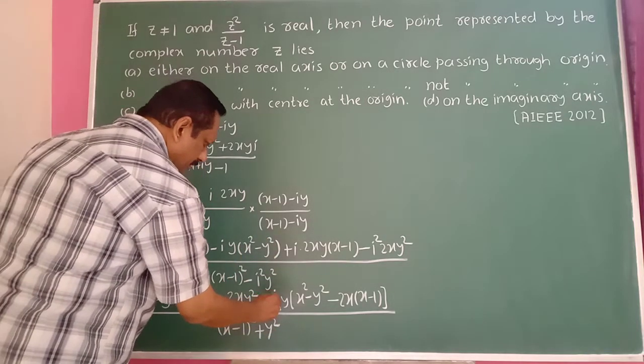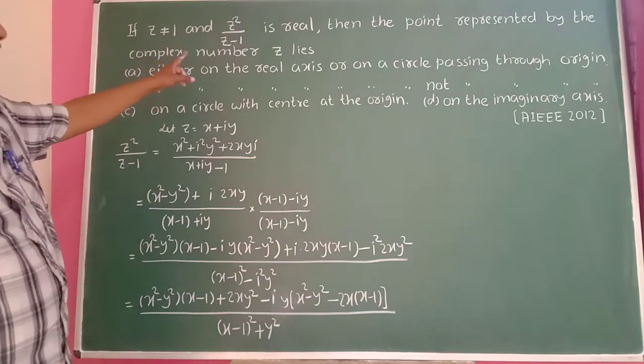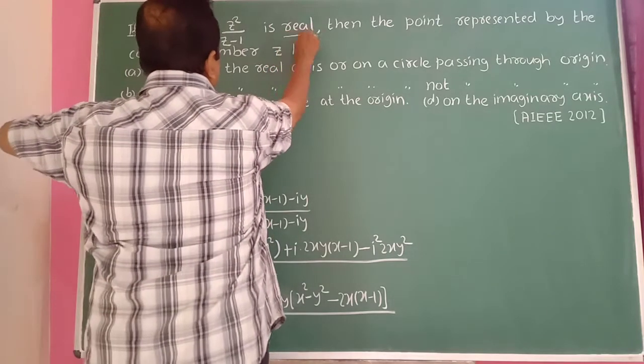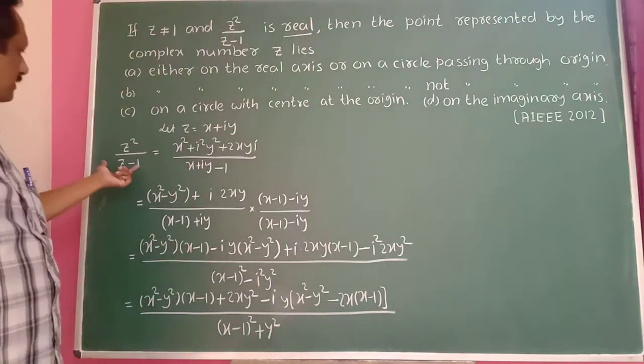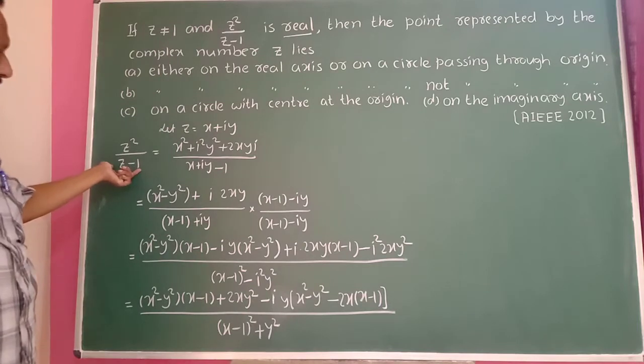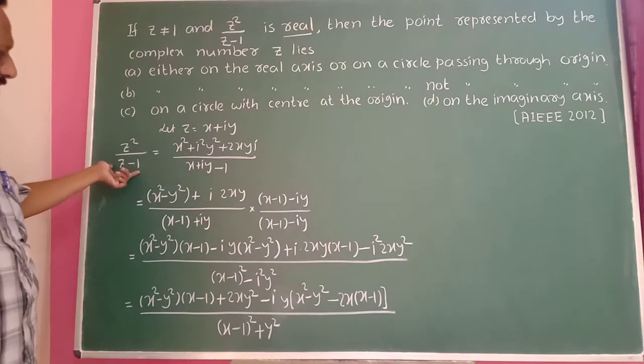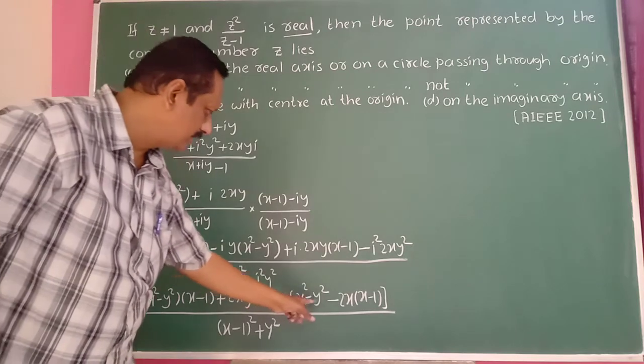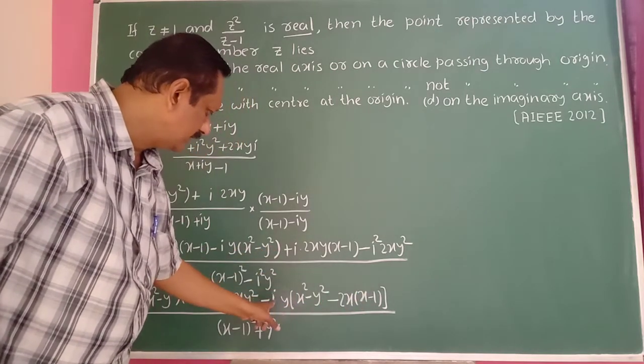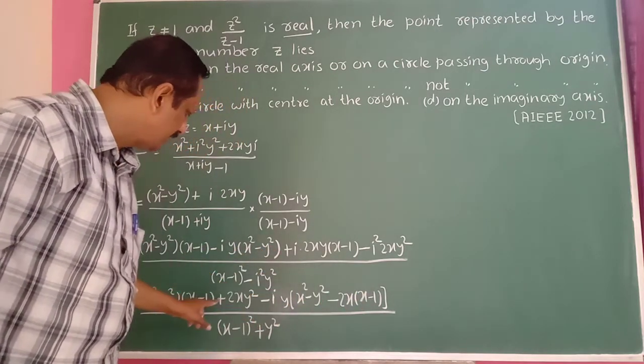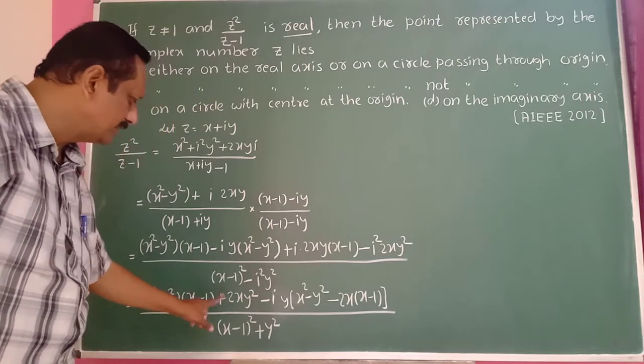Therefore, they have already given that z square divided by z minus 1 is a real number. If it is real, then the imaginary part must be 0. If this becomes 0, then the imaginary part becomes 0, remaining only the real part.